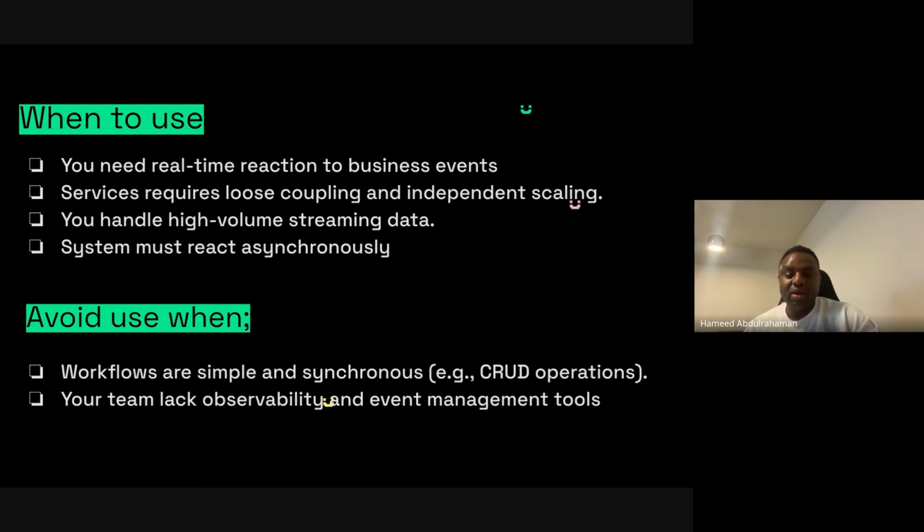You need skills to manage these events so that you don't have failures. And if the workflow is not too complex or doesn't need too much asynchronous processing, then there's no need for you to think towards event-driven.